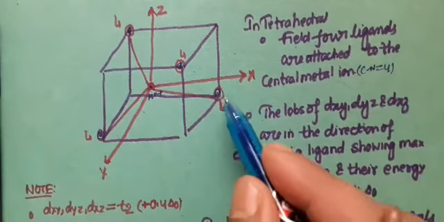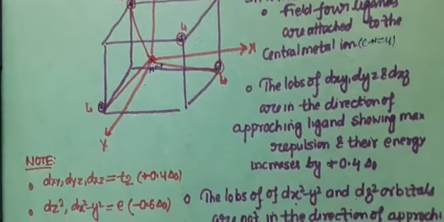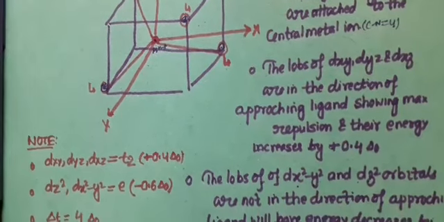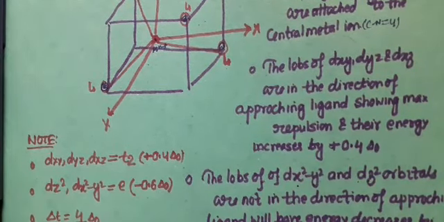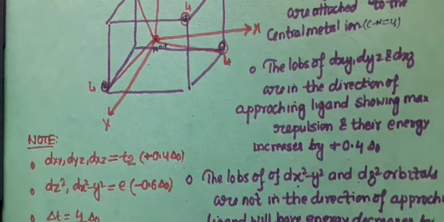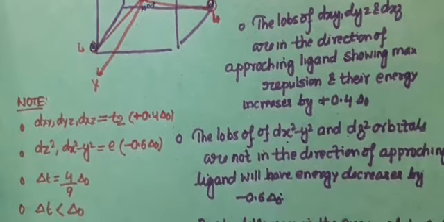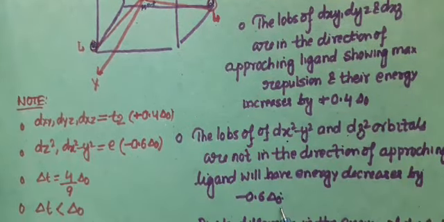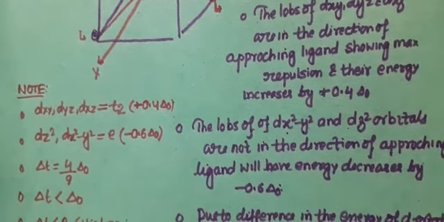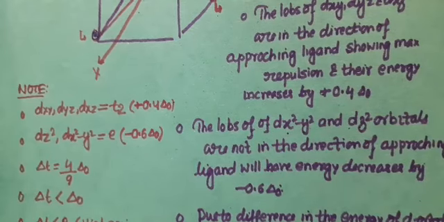Along the xy plane no ligands are present, as a result of which the energy of these orbitals decreases by 0.6 delta O, and the negative sign indicates that there is a decrease in the energy.